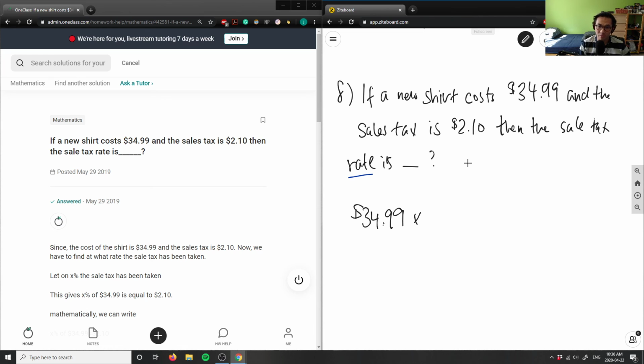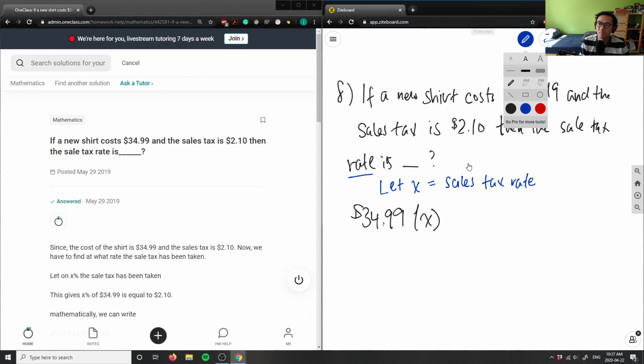Let x be our rate. Sorry, let x equal the sales tax rate. So it's a percentage of my product here, which is the shirt, and this would equal $2.10, right?